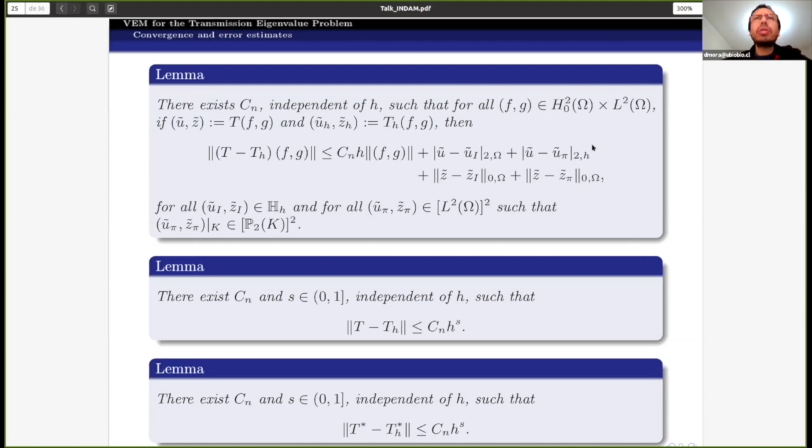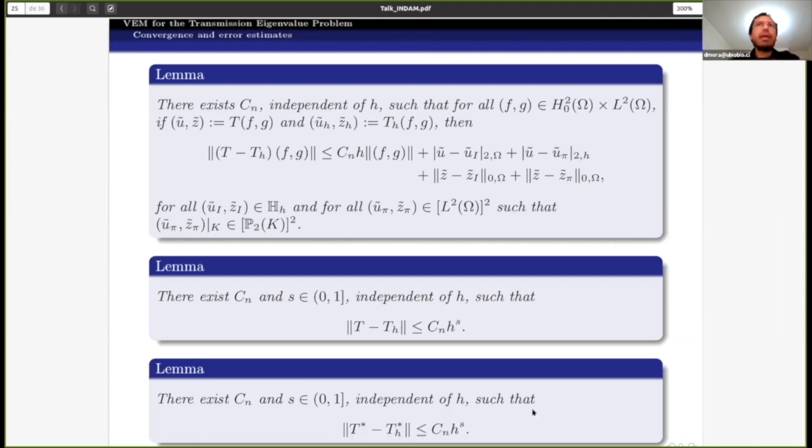Using the additional regularity for the source problem, the solution of the source problem, and the interpolation proposition that I mentioned before, we are able to prove convergence in norm of Th to T. Since the problem is not self-adjoint, we also have to deal with the adjoint continuous operator and the discrete one, and we can also prove convergence in norm for the adjoints.